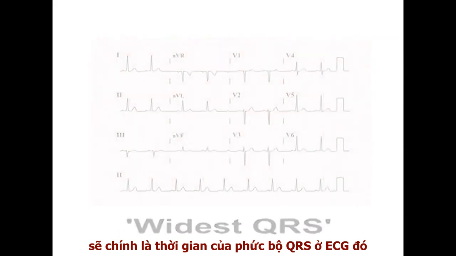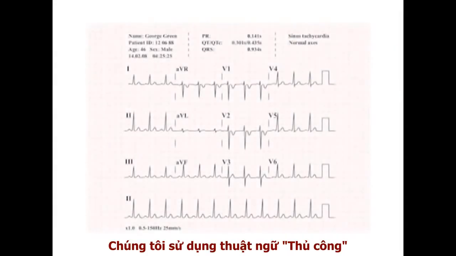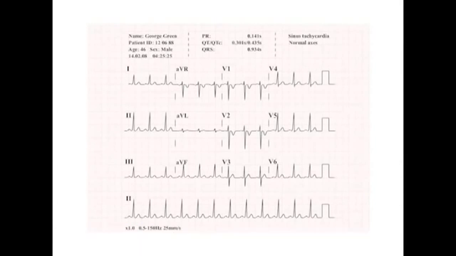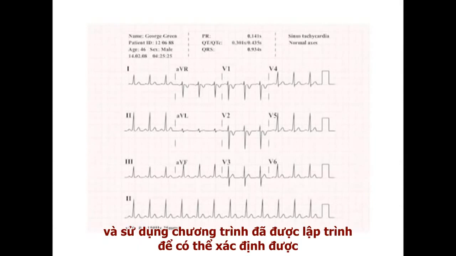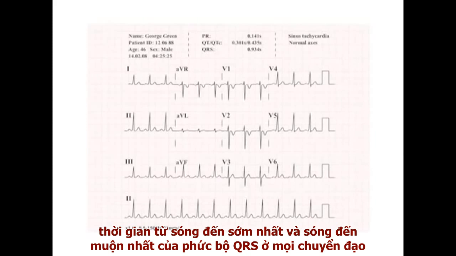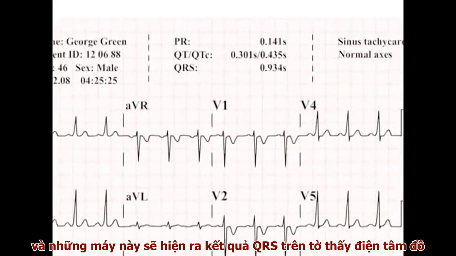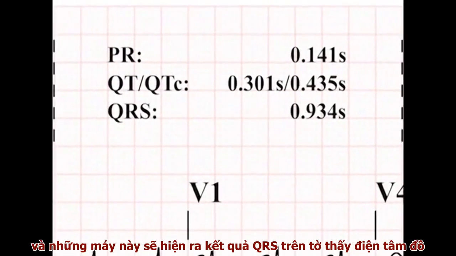on the ECG. We use the term manually as most modern digital ECG machines are capable of recording all 12 leads simultaneously and use computer programs to identify the times of the earliest and latest deflections of the QRS complexes in all leads. These machines then report this integrated QRS duration on the printout.